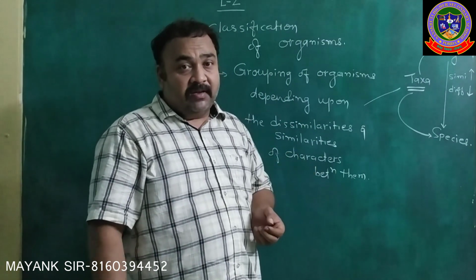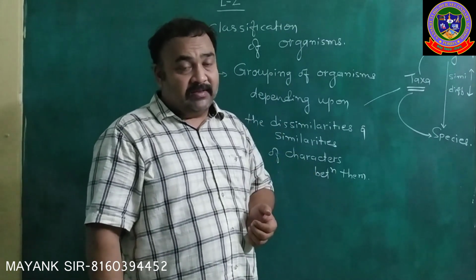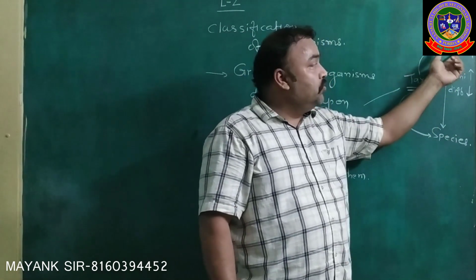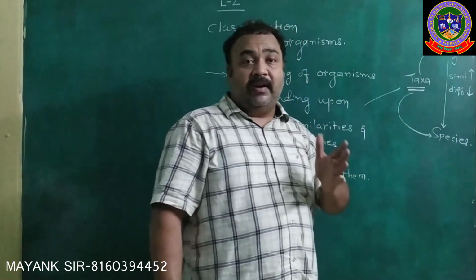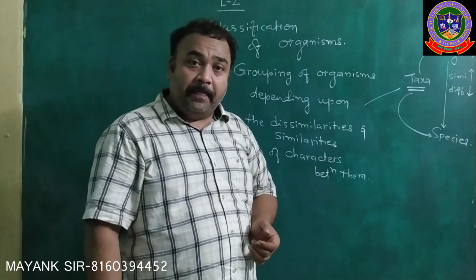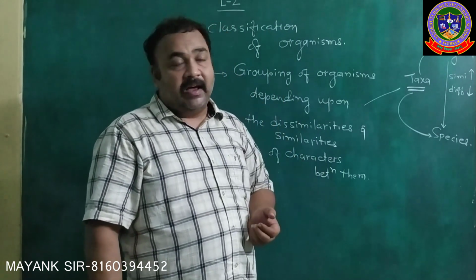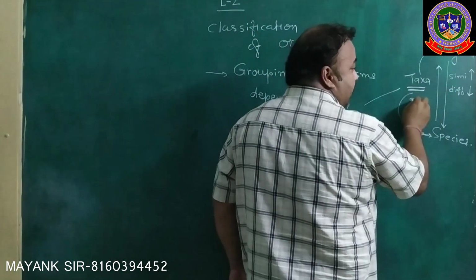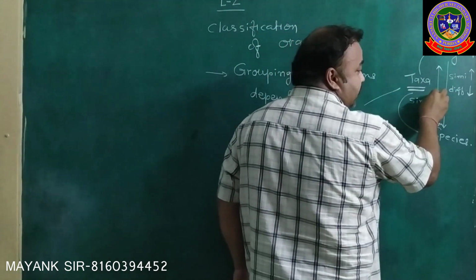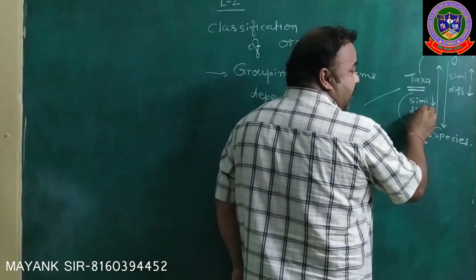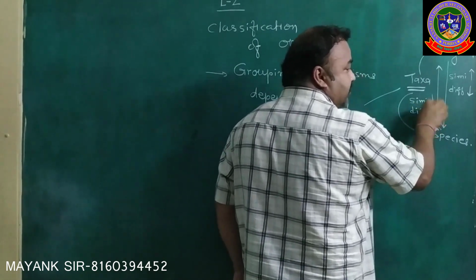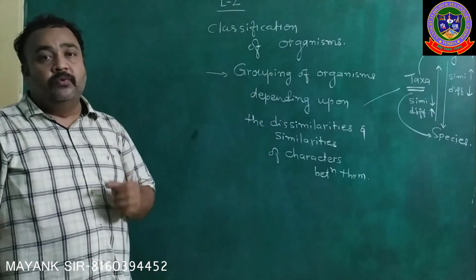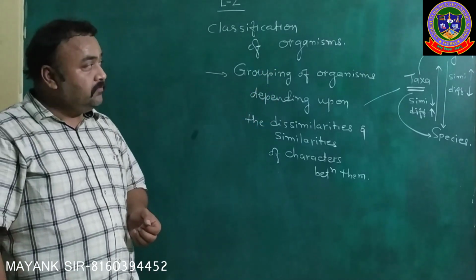In other language, when we move from species to kingdom in a classification system, what will happen? The vice versa happens. That means similarities decrease and differences increase. So this was the brief view of classification.